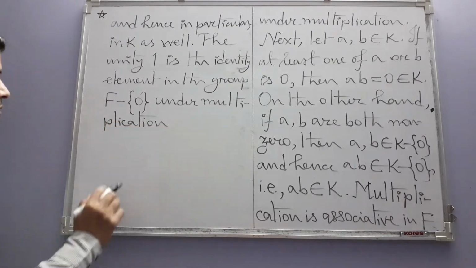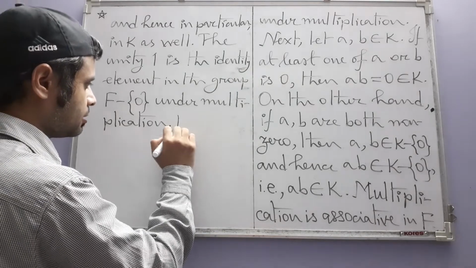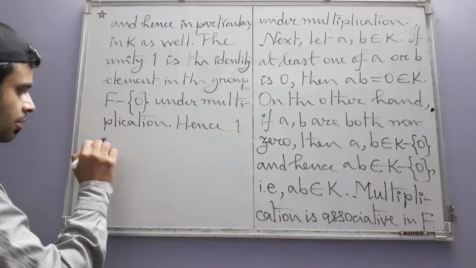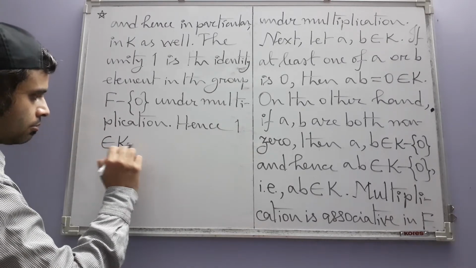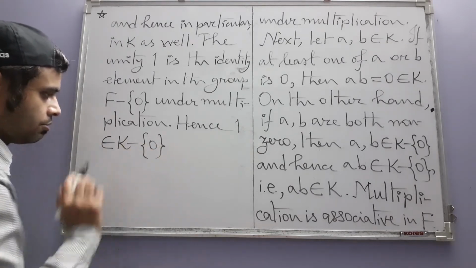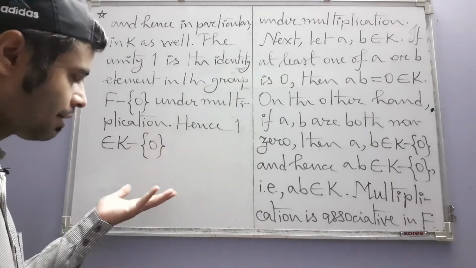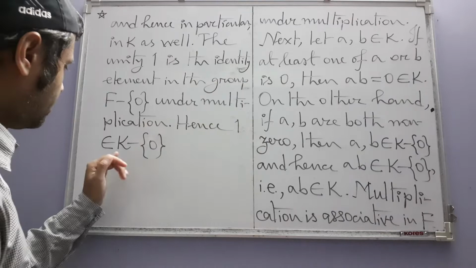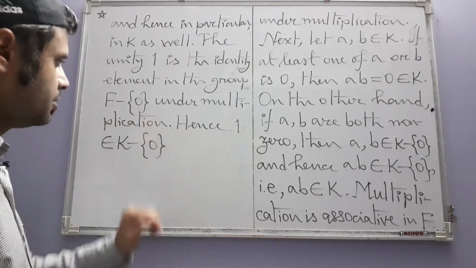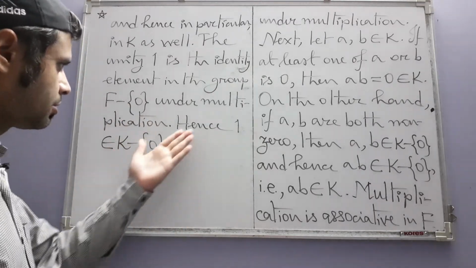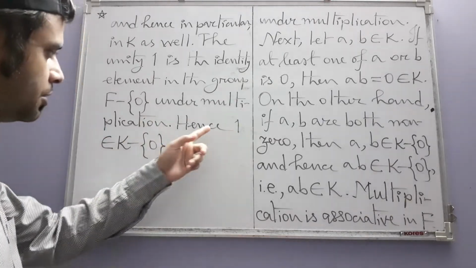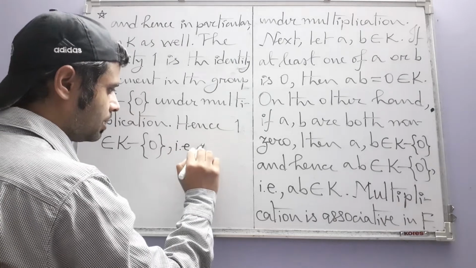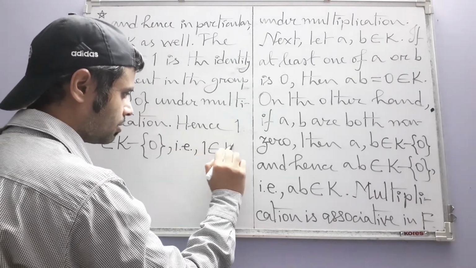This we already know. Hence, it will also belong to K minus 0. Why? Because we have already concluded that this is a subgroup of this under multiplication. So it must contain the identity element of that group, which is 1. So from there we are getting the fact that 1 belongs to K.